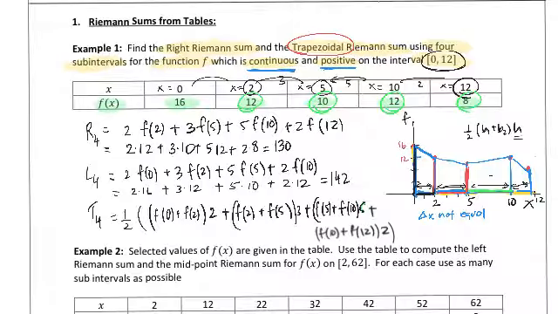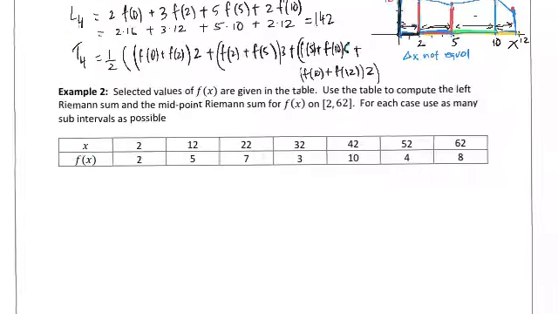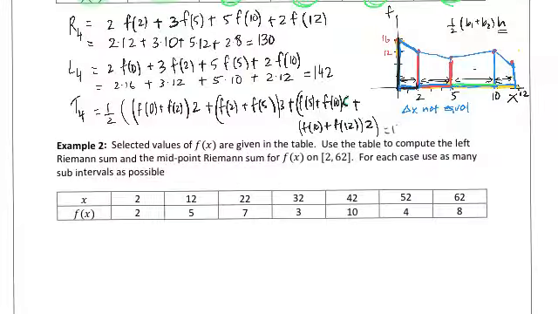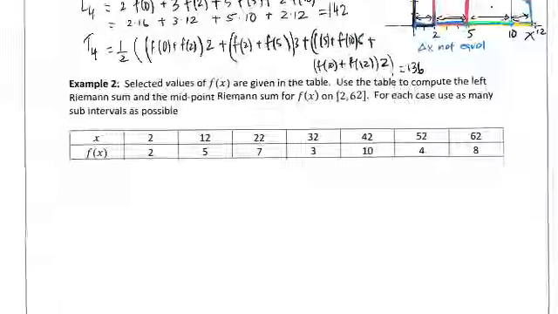So this would be my trapezoidal sum, and you would put all of these numbers in and do it carefully. The answer we're going to get for T4 is going to be 136.